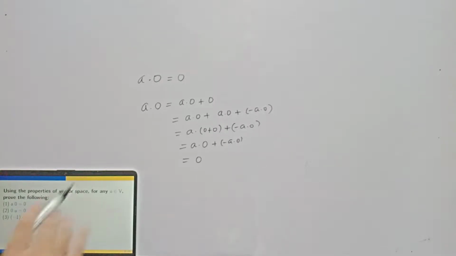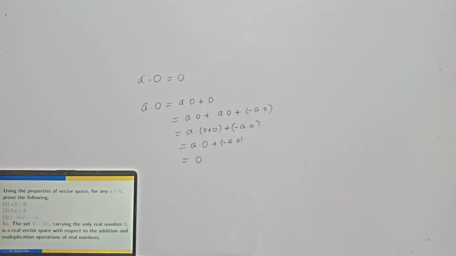You will see that the vectors can be any type of members. These may not be real numbers. You can verify all properties in this set of the vector space. What is this set? The set V equal to {0}, carrying only the real number 0, is a real vector space with respect to the addition and multiplication operations of real numbers.